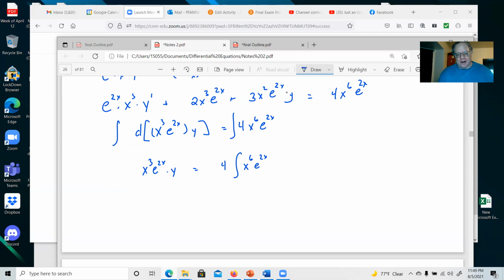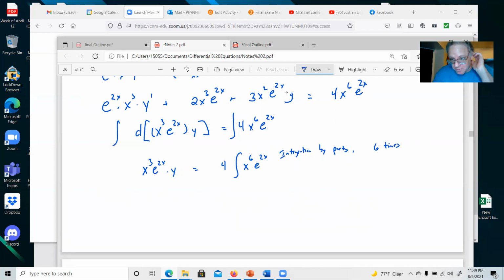Now, clearly, I am not going to be giving you this particular problem on your final because it's going to take too long. Right? What we have to do here is integration by parts six times because of the x to the 6th here.